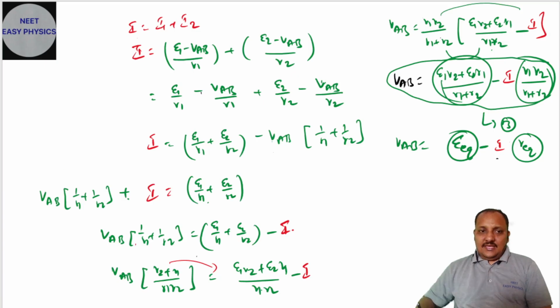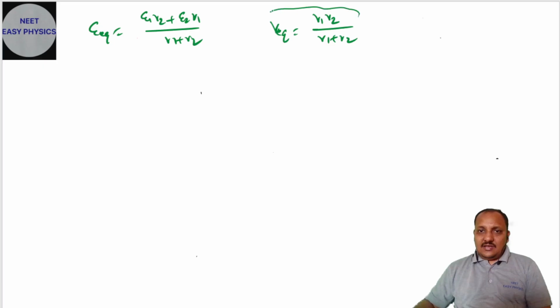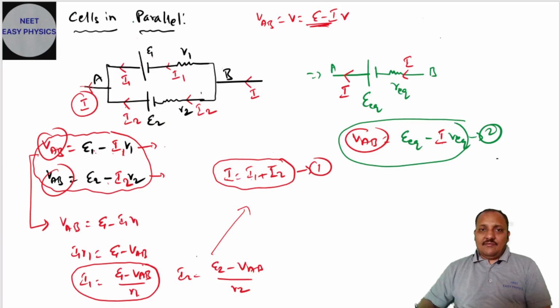Therefore, E equivalent is equal to (E1 R2 plus E2 R1) by (R1 plus R2). R equivalent is equal to R1 R2 by (R1 plus R2). This is the equivalent EMF formula when two cells are connected in parallel, positive with positive.